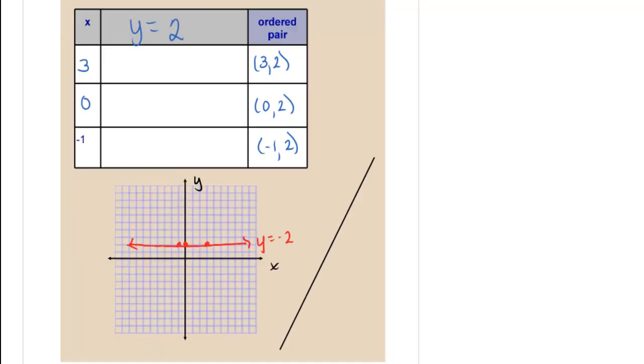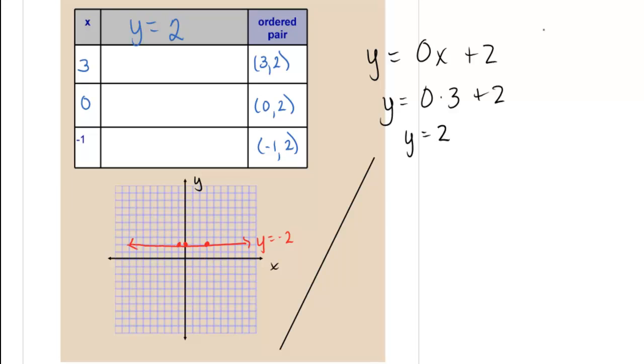When y equals 2, that means that there's basically a 0 in front of your x. So this is y equals 0x plus 2. So the coefficient of x is 0. What that means is x can be anything and y will always be 2. So I chose 3 as one of my examples for x and y equaled 2.